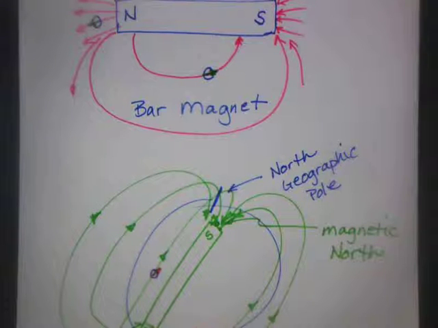Now, this has a huge impact on our ability to survive on this planet, based on the biological beings that we have evolved to be. There is tons of radiation out in space.